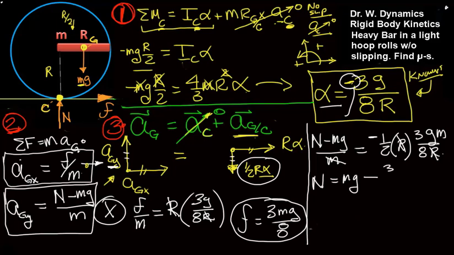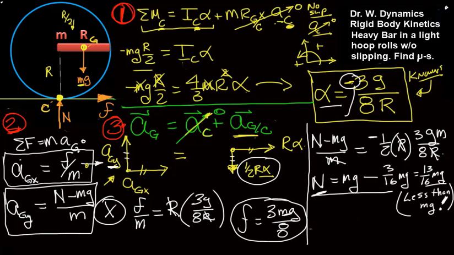minus 3/16 of mg, which will be 13/16 of mg when we evaluate it. So N is actually less than mg. So our assumption would not have been good. However, now we can put these pieces all together.